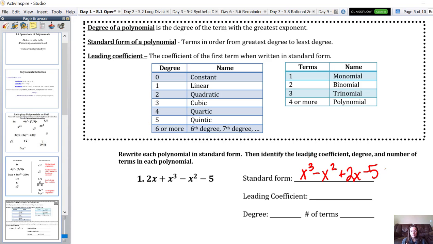That one has a degree of 0. The leading coefficient here, the number in front of the x cubed, is a 1. The degree is the highest degree of this polynomial, which is 3. That would make it a cubic. The number of terms, we've got 1, 2, 3, 4 terms, which would make it a polynomial. So this is a cubic polynomial.